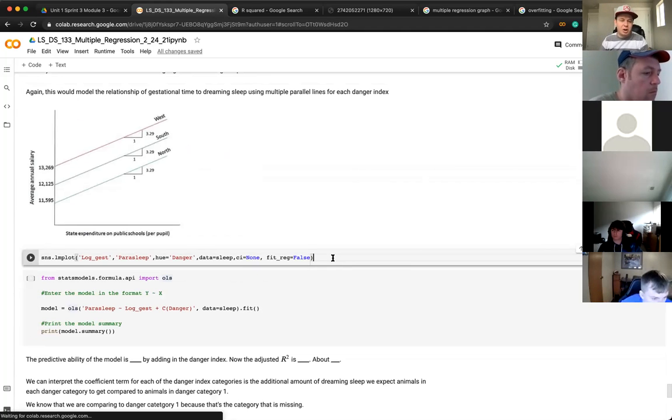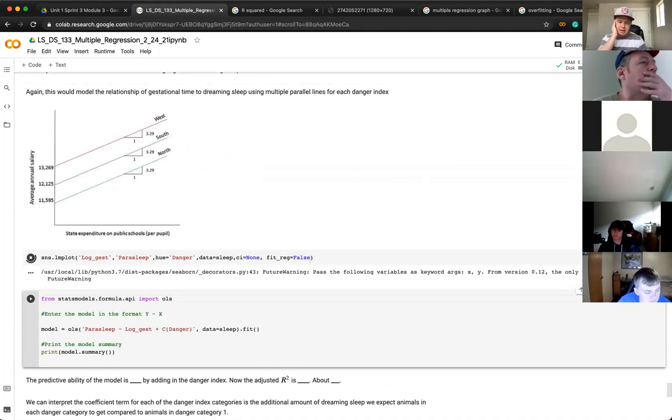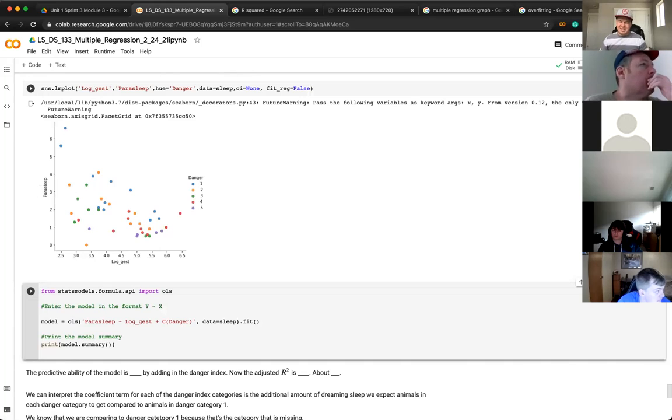Okay. So Seaborn, if we graph this and we color the hues based on danger levels, you see that they're kind of all over the place. We have gestational time and sleeping, right? We have some animals who have long gestational times that are in a fair amount of danger, and we have animals with low gestational times that are really not in danger, right?